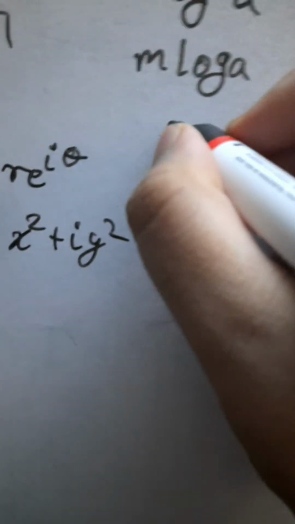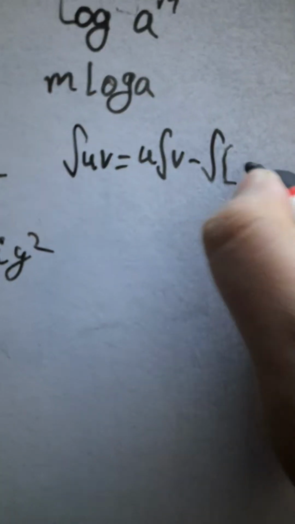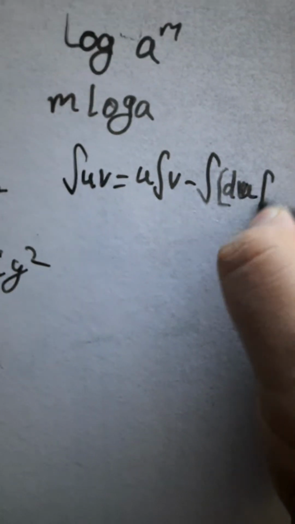Now, integration of uv is equal to u times integration of v minus integration of du times integration of v.